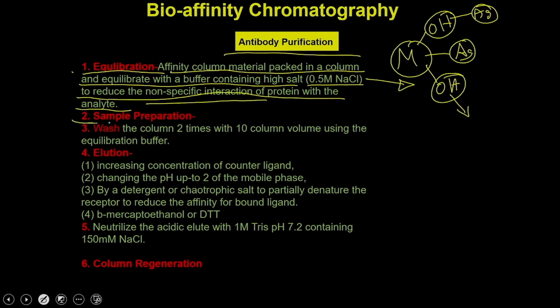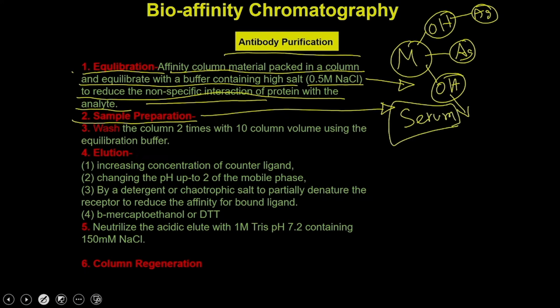Then what you have to do? You have to prepare the sample. Your sample in this case is serum, and serum has to be processed in such a way that you remove some of the proteins.